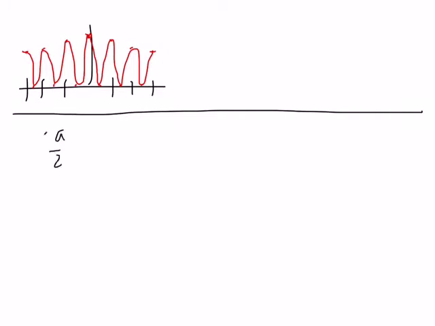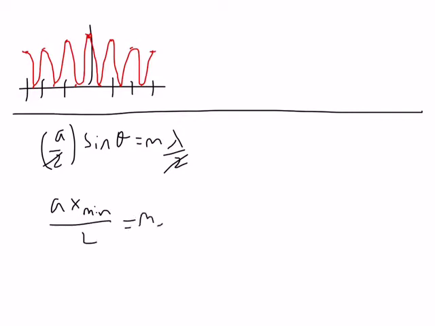So the equation is really more like this, for a maximum. Or for a minimum, something like that. And the minimum is useful for this because we can just get rid of the decimals or fractions and cancel it out. We can still use the small angle approximation. So this is going to be more like a x min over L equals m lambda. So we can solve for where the first minimum, m equals 1, is. We get x min is lambda L over a.